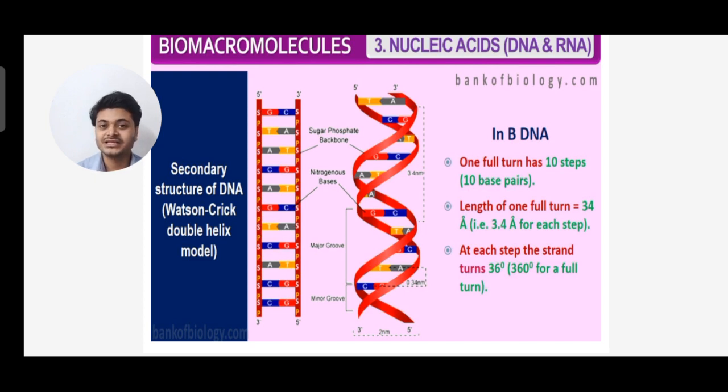Alright, that means in RNA A pairs with U, that is adenine with uracil by 2 hydrogen bonds, and G pairs with C by 3 hydrogen bonds. So this is the difference between DNA and RNA. And one more difference is there: in RNA there is a ribose sugar present, whereas in DNA there is a deoxyribose sugar present.